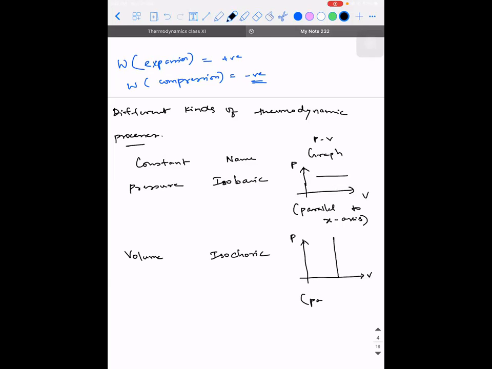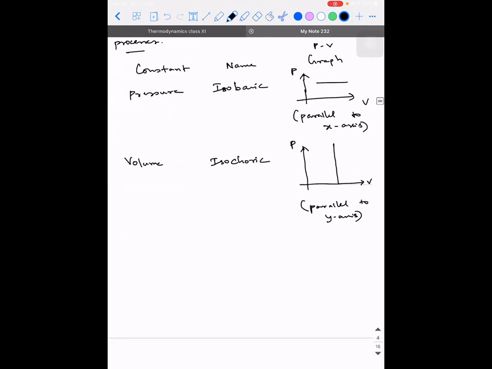It will be parallel to the y-axis. Similarly, if temperature is constant, what is the name of the process where the temperature is constant? Isothermal. It's an isothermal process.